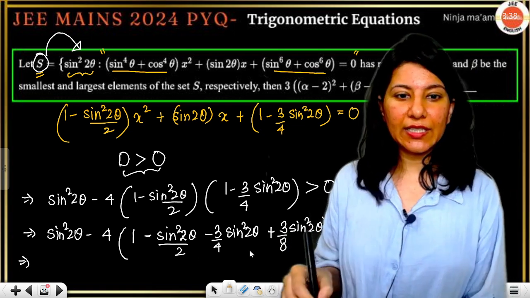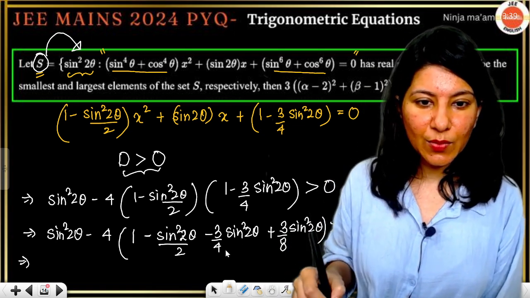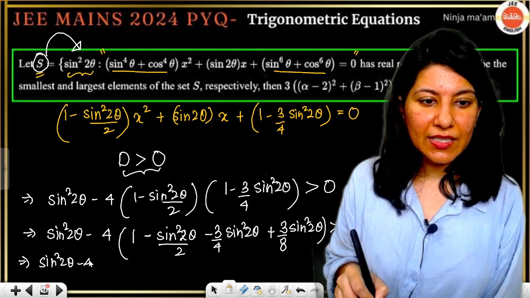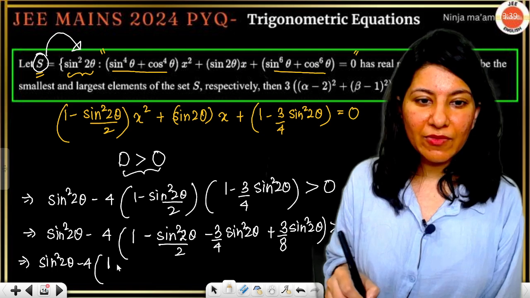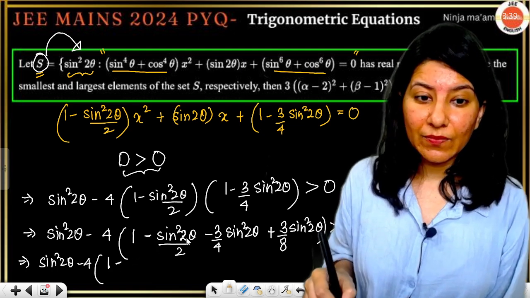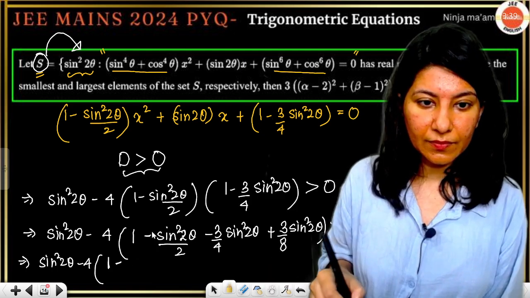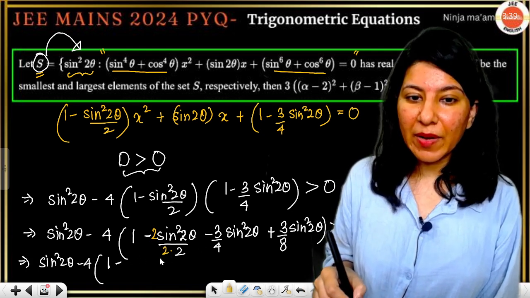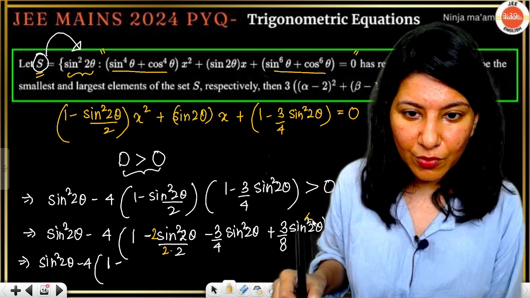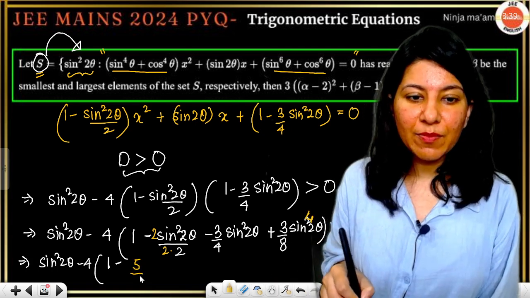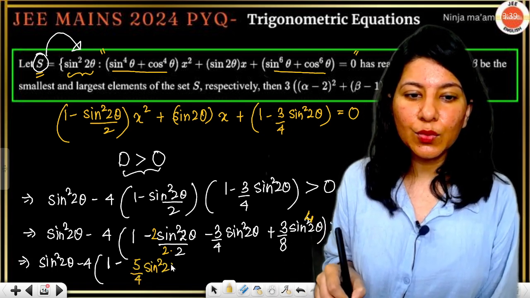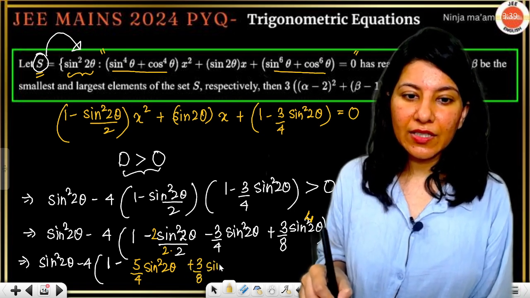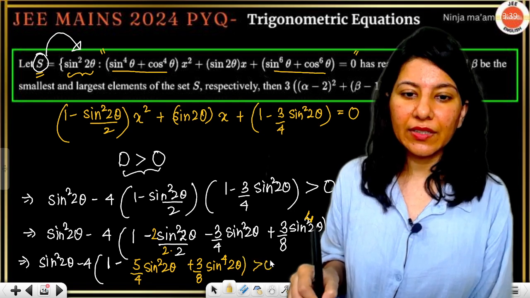Yes, so this is going to be sine square 2 theta, and if you multiply by minus 4, it is going to become 1 minus 5 by 4 sine square 2 theta plus 3 by 8 sine raised to power 4 2 theta greater than 0, right?